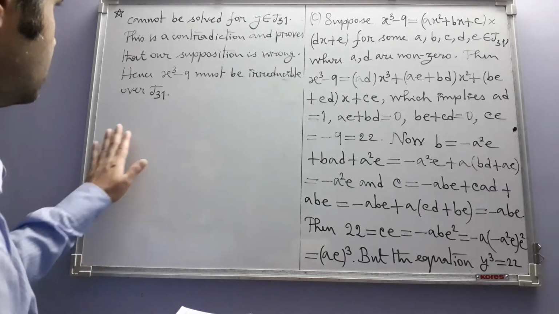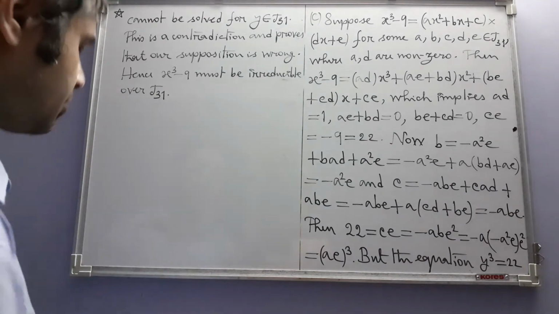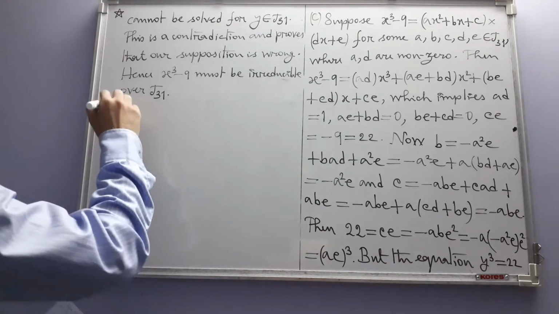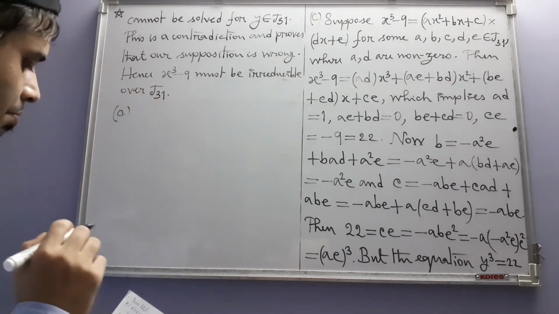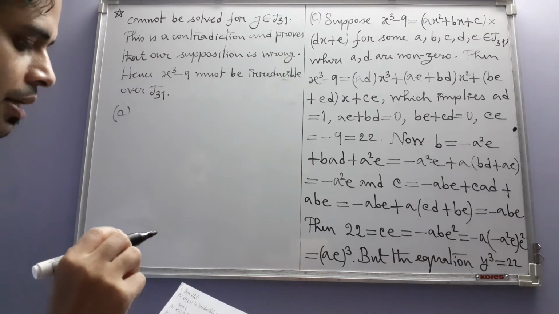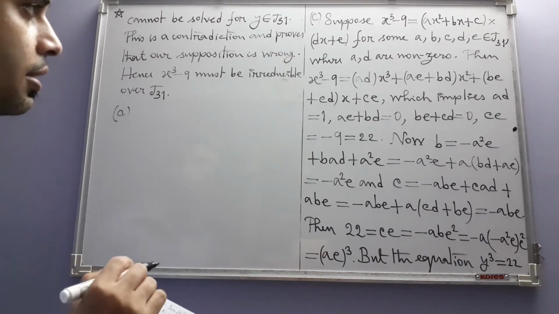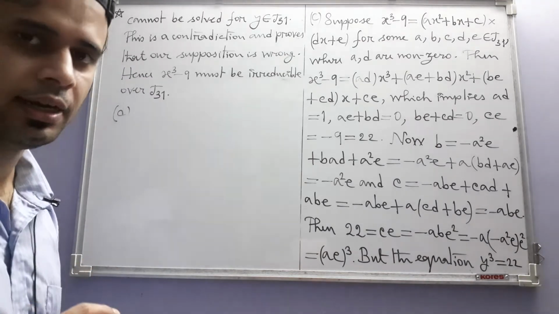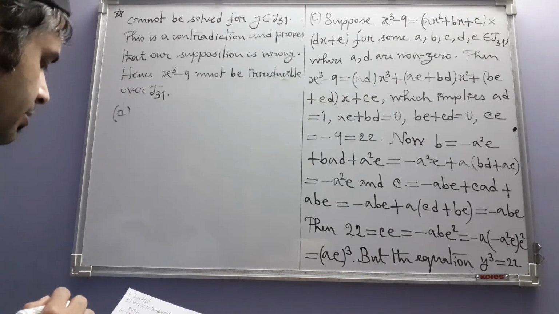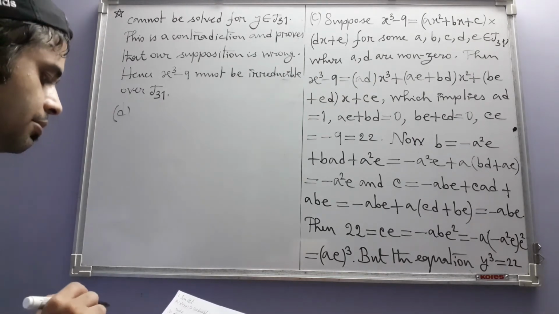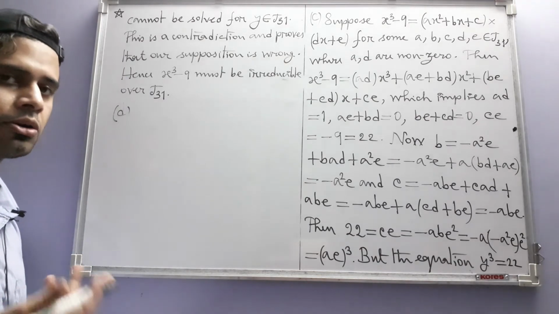So we have done 3 parts. Now for the fourth part, the fourth subdivision, the polynomial is same, but the field now is the field of integers mod 11, and here we have to prove that the polynomial is reducible. Reducible by definition means not irreducible.